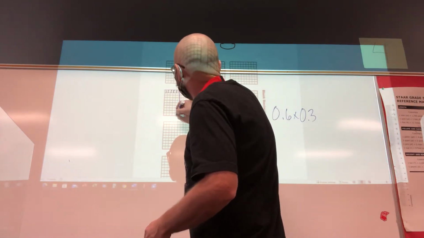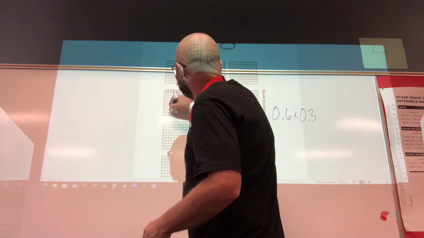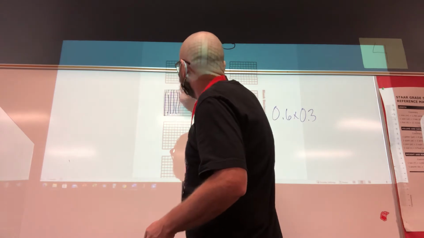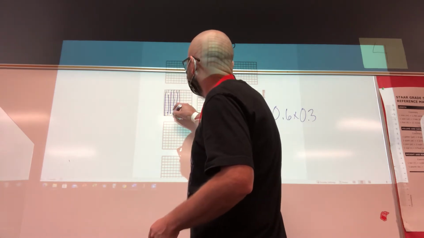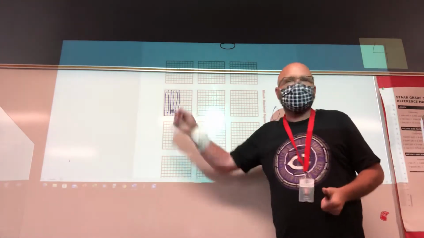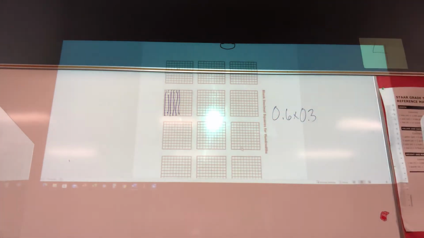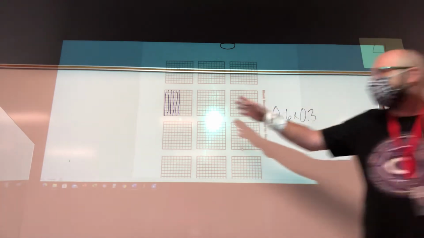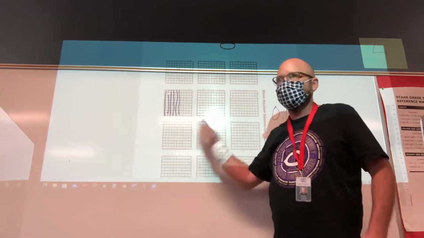I'm going to shade in all of these. So then I have 6/10 shaded. So 6 columns are shaded. That represents 6/10. 6/10 is obviously less than 1 because this whole thing is less than 1.